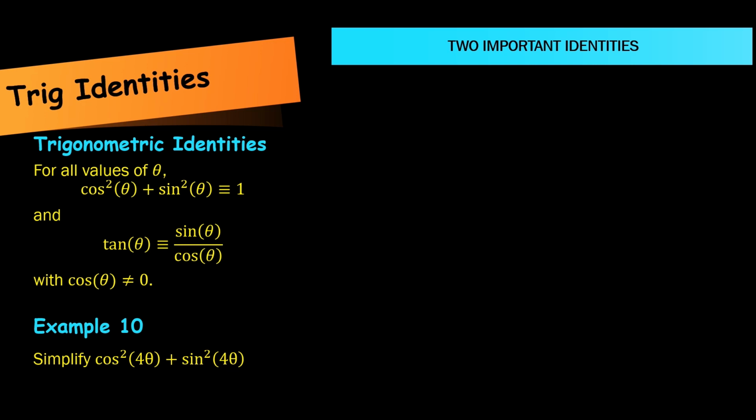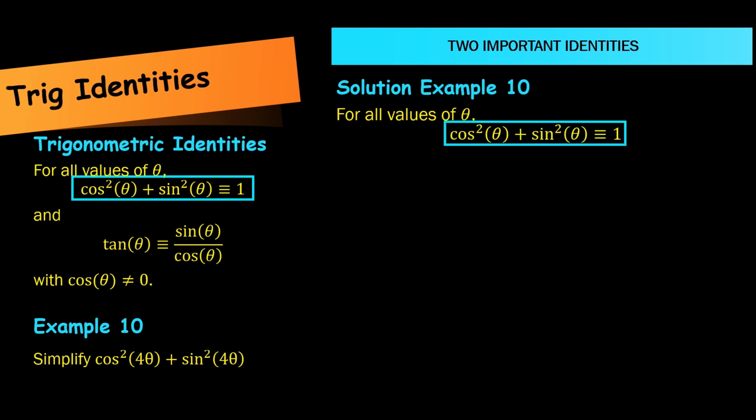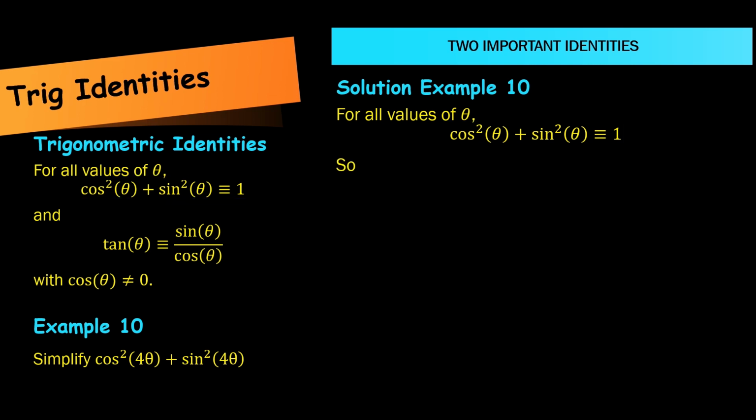So let's solve this. Since for all values of theta, cos squared theta plus sine squared theta is identical to 1, we can simply replace theta by 4 theta, and the identity still holds.